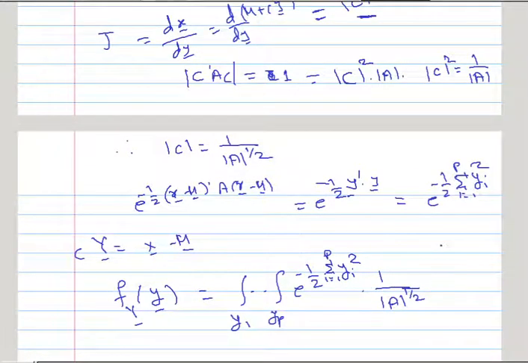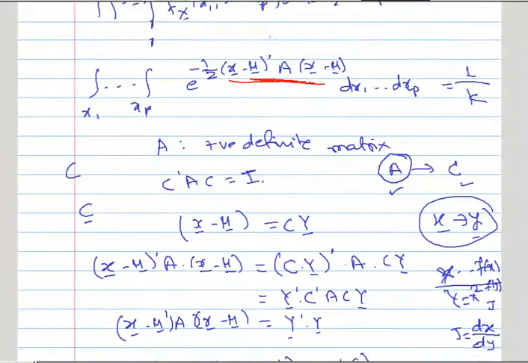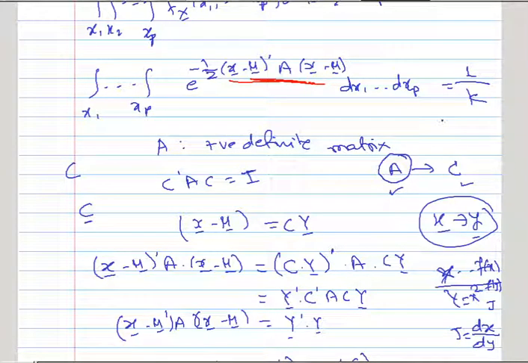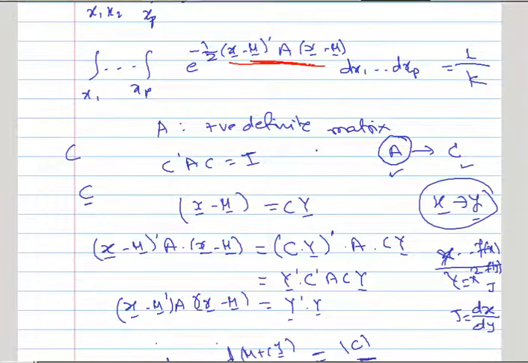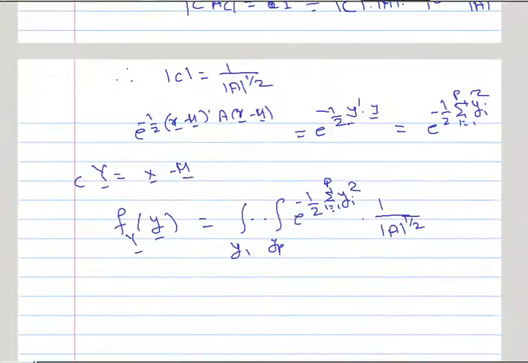This quantity will be written, and this f of x bar was integrating to 1 by k. So similarly we have this expression in terms of y. This integration will be equal to the earlier one, therefore it will be equal to 1 upon k. So k will be determined such that the total integration value of this is 1 upon k.